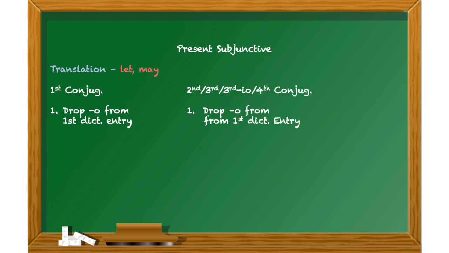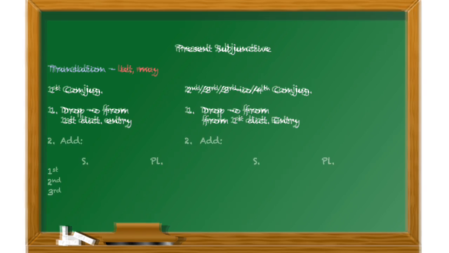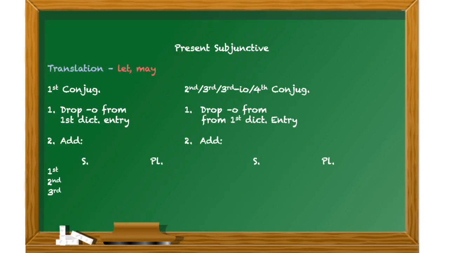And the first step, no matter what the verb is, is to drop the O from the first dictionary entry. And then we're going to add some endings as we usually do, so you may want to pause the video here, set up your chart, singular and plural columns, first person, second person, and third person rows. And a set under first conjugation and a set of that under second, third IO, and fourth conjugation.